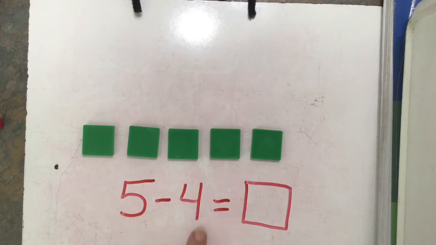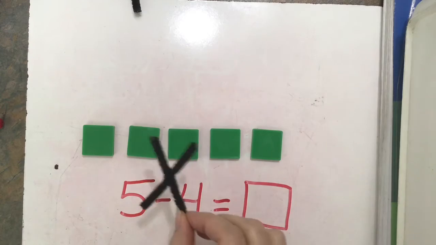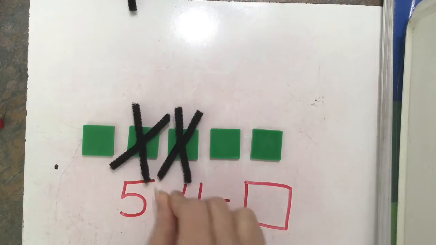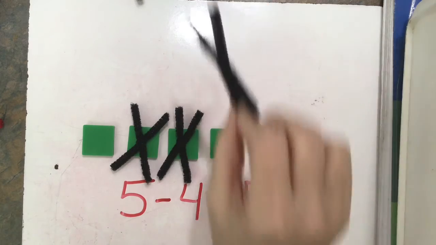So 5 take away 4. We have 5 cubes here. 1, 2, 3, 4, 5. And we're going to take away 4. The way it shows you on iExcel is they use these little X's. They will put an X on the ones that they are taking away.